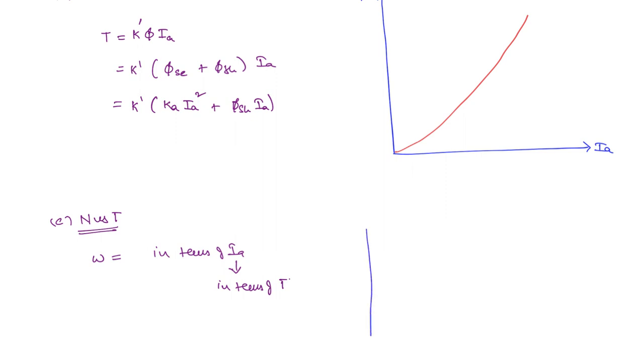You can do it as an exercise, but the graph is going to look similar to N versus IA. Okay, N and T. Why? Because T is proportional to IA. Even if not linearly proportional, it is proportional to IA. Okay. So speed versus torque will be similar to speed versus armature current. Okay. So this is going to be something like this.